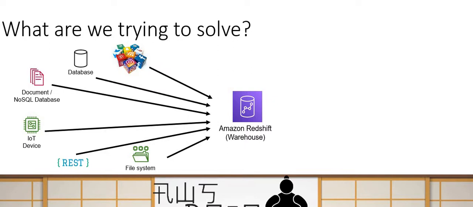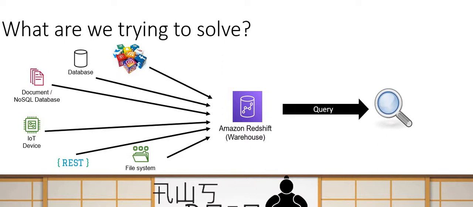So there could be various different types of data sources from where data might be coming to Redshift, and then you want to query data on Redshift for your analysis, reporting and dashboarding purposes.